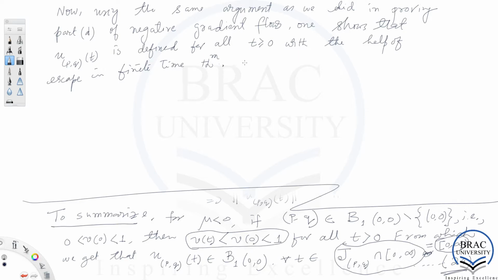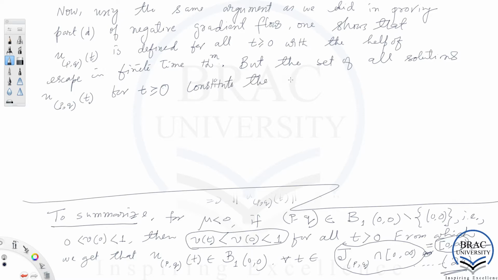Now, but the set of all solutions u sub p comma q at t for all t in this half open interval, or t greater than or equal to 0, constitute the forward semi-orbit, right?